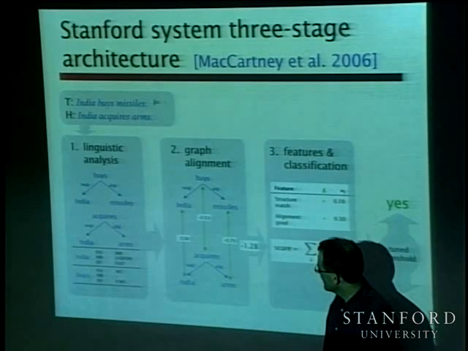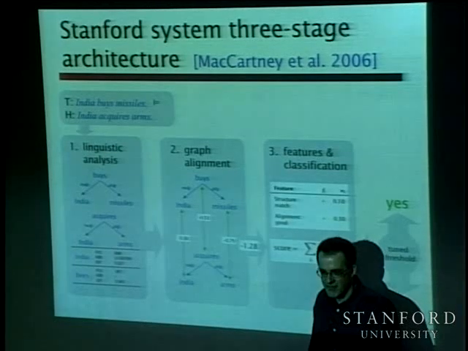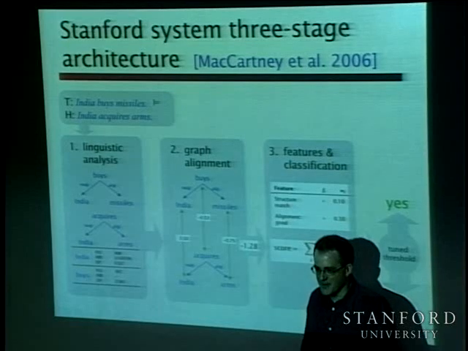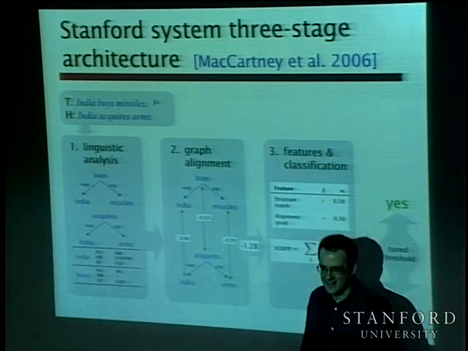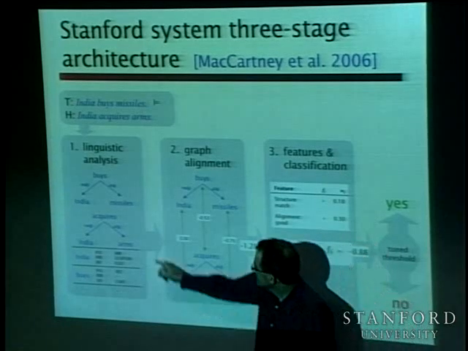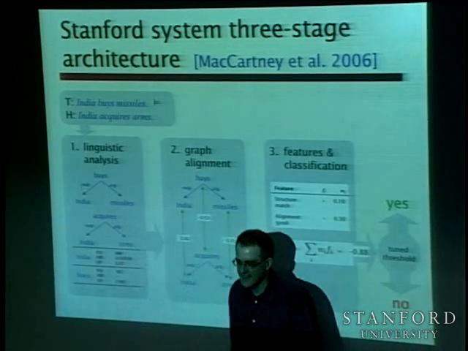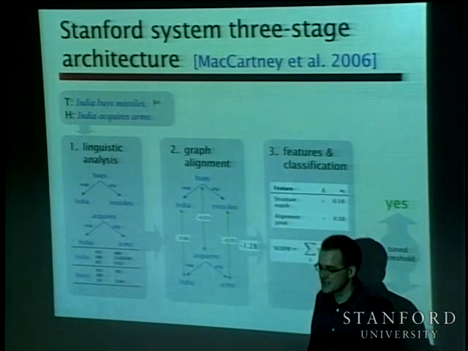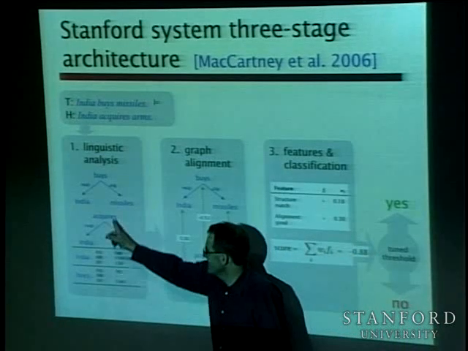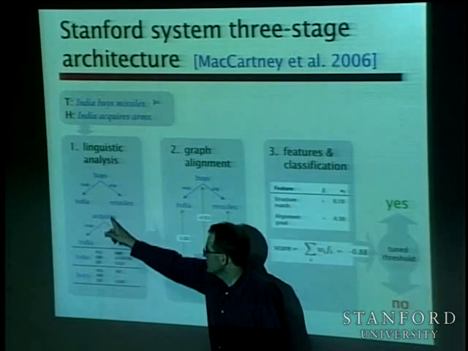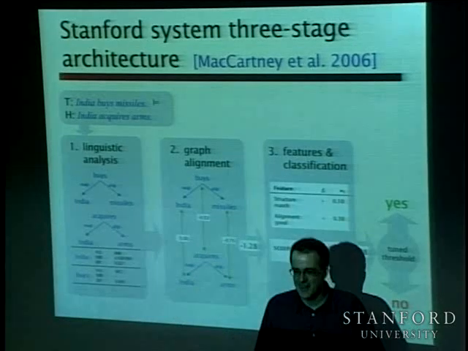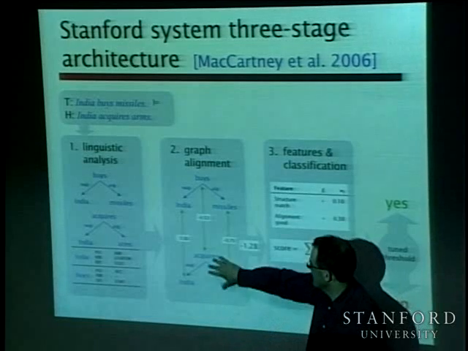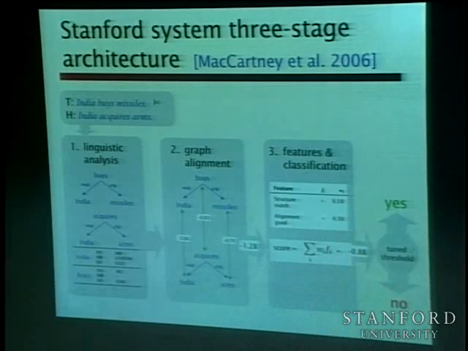It turns out, stating it as a graph alignment somehow sounds less deep than saying that you're doing abductive theorem proving, as in the LCC system. But if, just as they did, you're turning sentences into these dependency graphs, and you then do a trivial transformation where you take each word as a predicate, and each relation as a predicate, and connect them together with arbitrary variables, it's really isomorphic, doing theorem proving versus doing graph matching between all of these nodes.